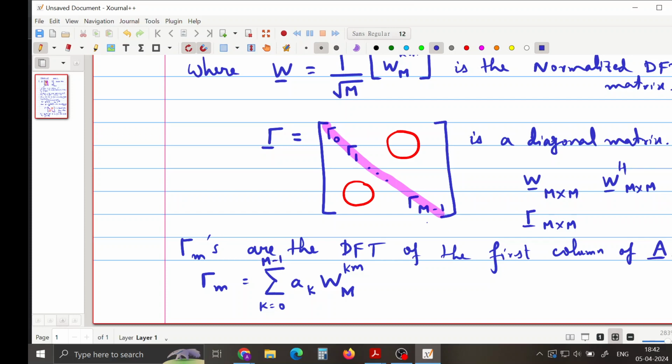But the idea is that you take the DFT of the first column and obtain the diagonal entries, right? Another observation is that this DFT matrix is actually a Hermitian matrix, and W Hermitian is actually equal to W inverse as well.